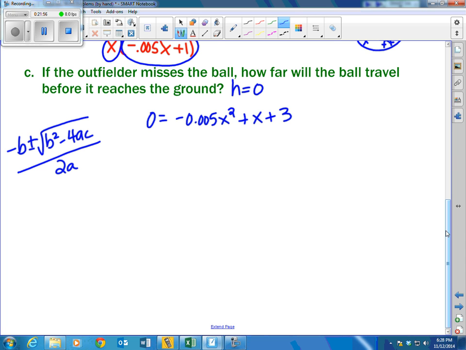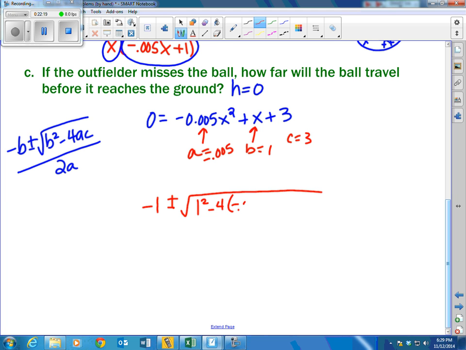Your A is here, your B is here, and by the way, your A is negative 0.005, your B is 1, and your C is 3. When you plug this into the quadratic formula, you will have the opposite of B plus or minus the square root of B squared minus 4 times A times C, all over 2A.